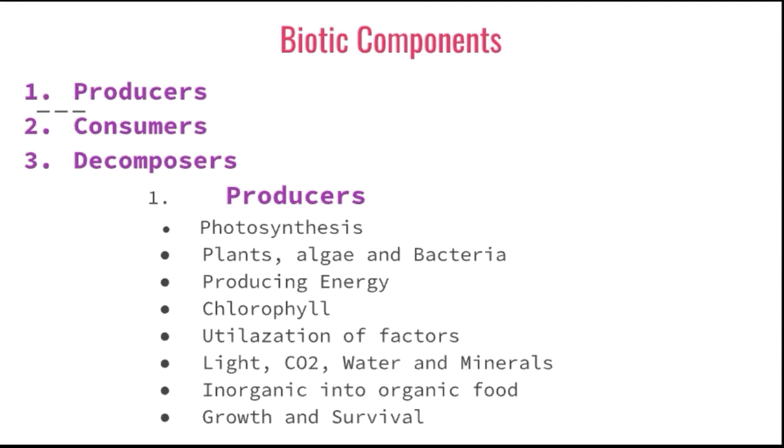It is clear. And the producers use inorganic substances of the abiotic factors and convert them into organic food materials. It means that living organisms take inorganic substances from the ecosystem, and those inorganic substances are converted into organic food materials.